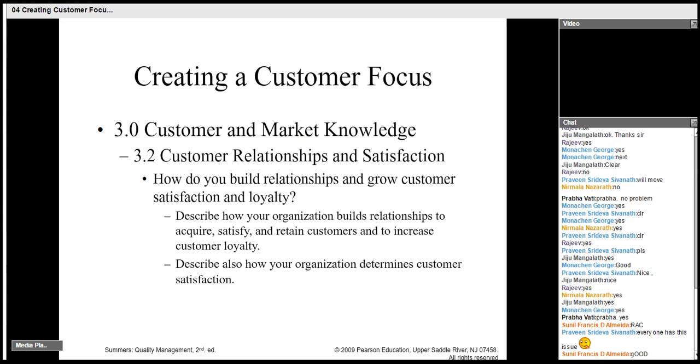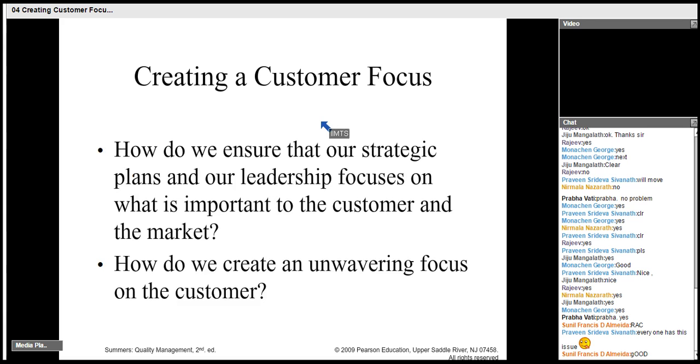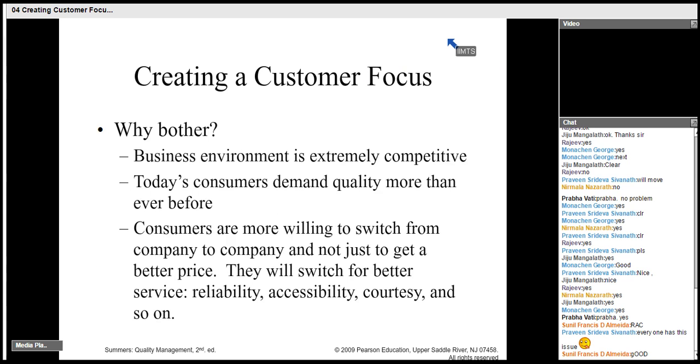Moving ahead, customer. How do we ensure that our strategic plans and our leadership focus on what is important to the customer and the market? How do we create an unwavering focus on the customer? Then, why bother? The business environment is extremely competitive.